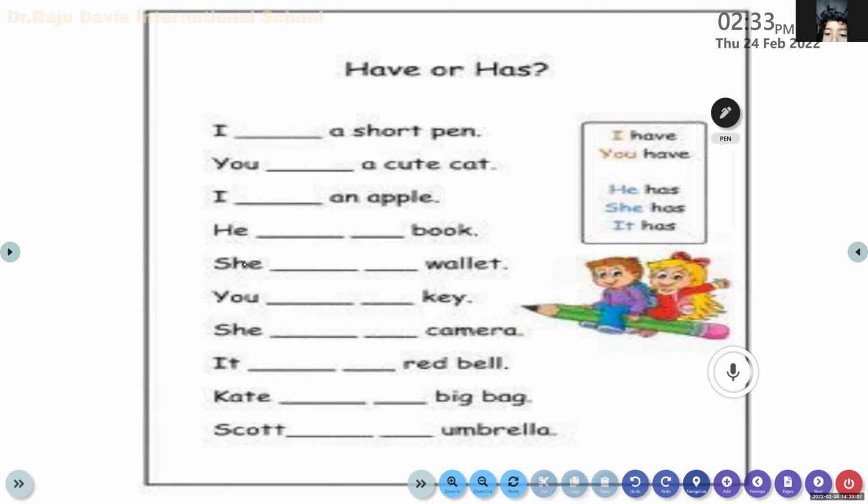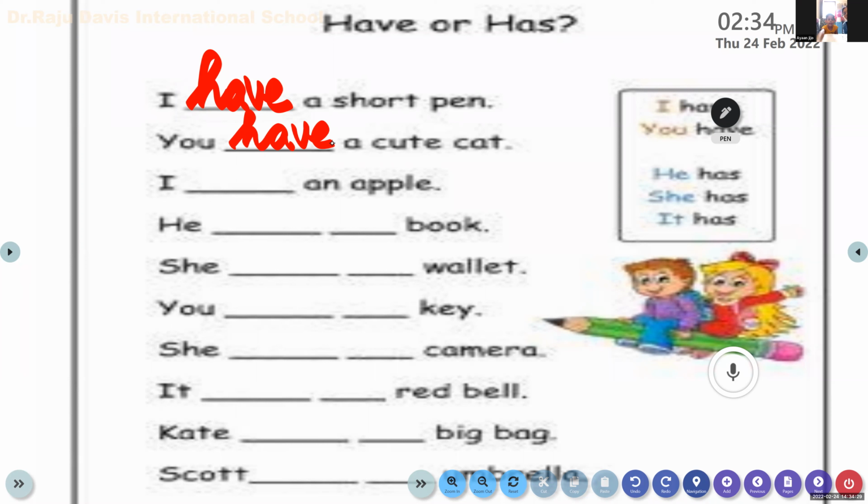Yes, I have an apple. Very good. Richard, come on, do it. He has a book. Very good. Niveda, come on. Do the next question.